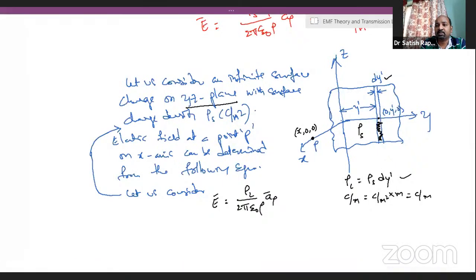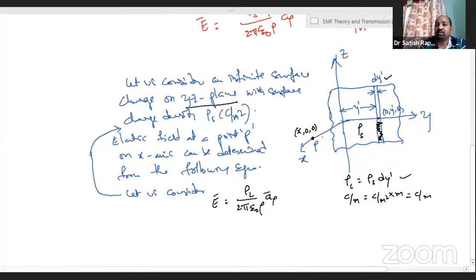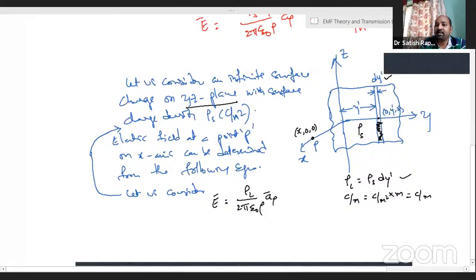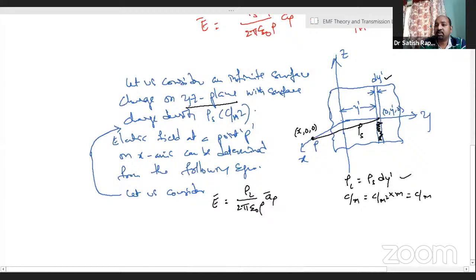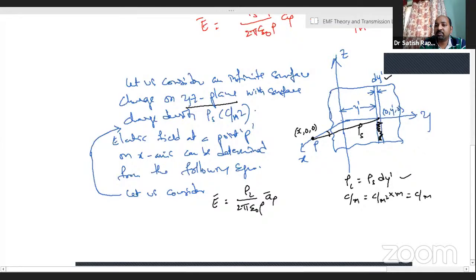So the procedure is the same: joining the point P to the differential width strip, and let us say this makes an angle theta.